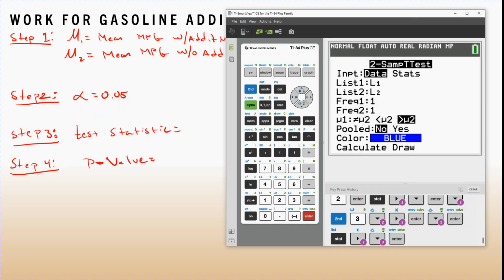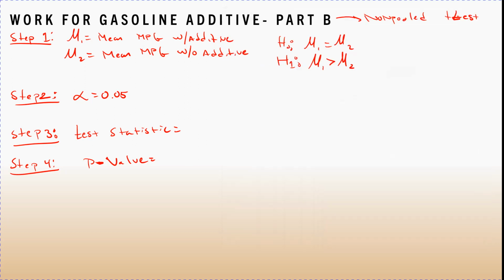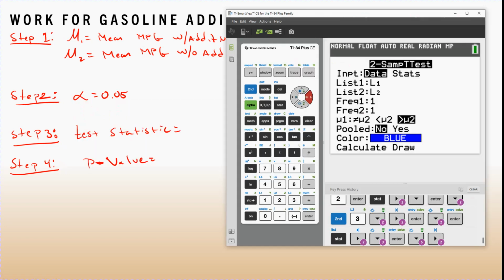Under the two sample t-test, under data, we have with the additive in L1, without the additive in L2, and our alternative is that mu1 is greater than mu2. For our course, we're always going to do no pooled, and we go to calculate.